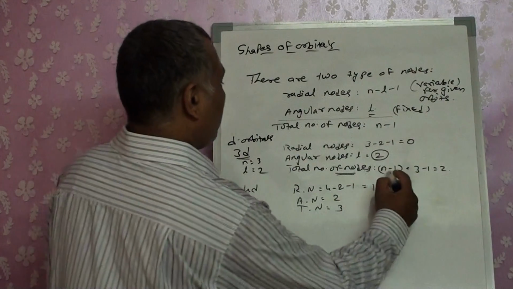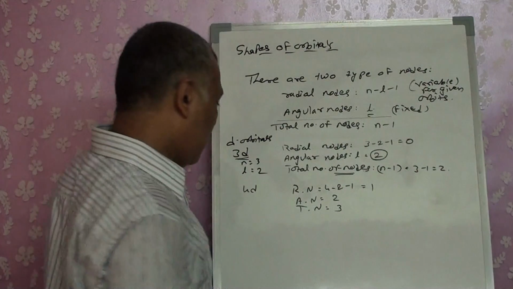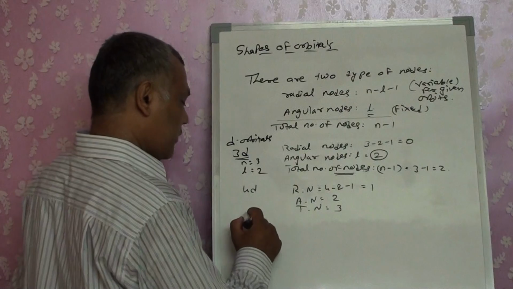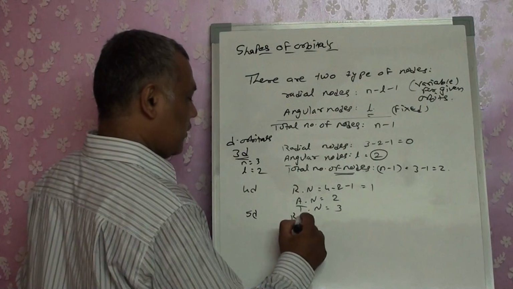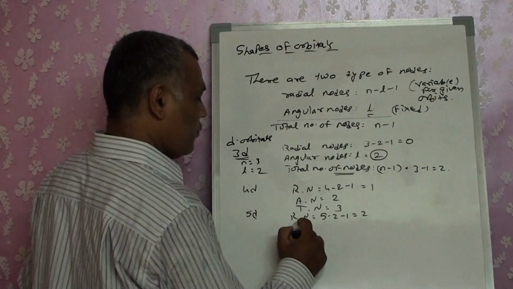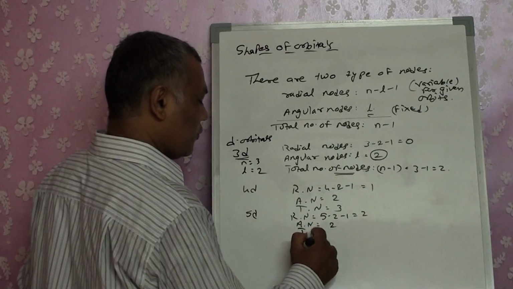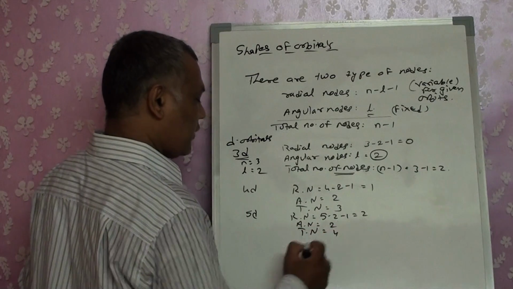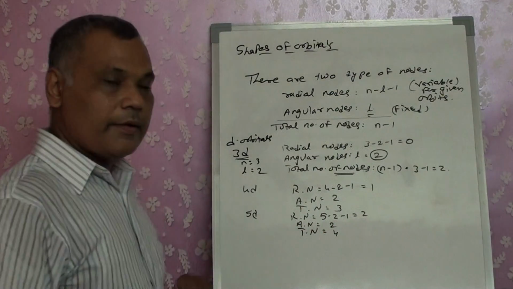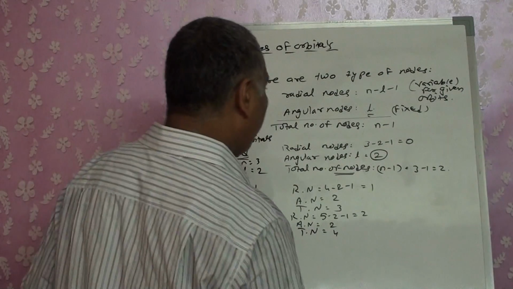Let's check it according to the formula, 4 minus 1, that is 3. For 5D orbitals, radial nodes 5 minus 2 minus 1, that is 2, and angular nodes 2. So total nodes will be 4. Right? Like that, you can calculate it for any given orbital.